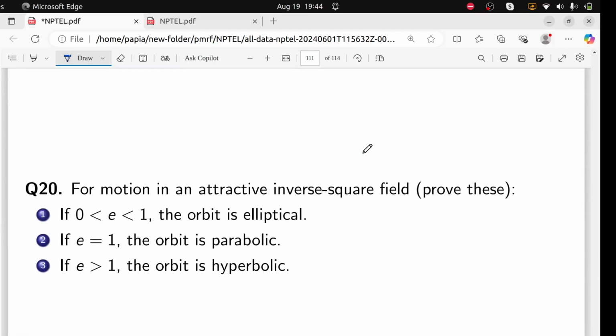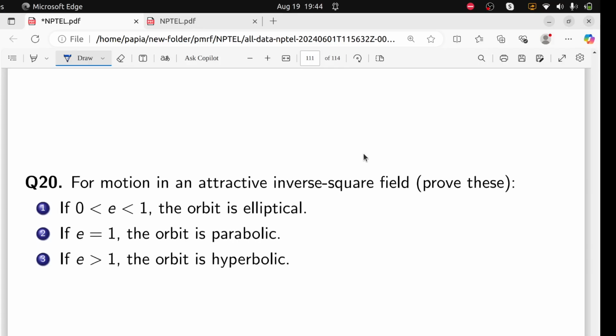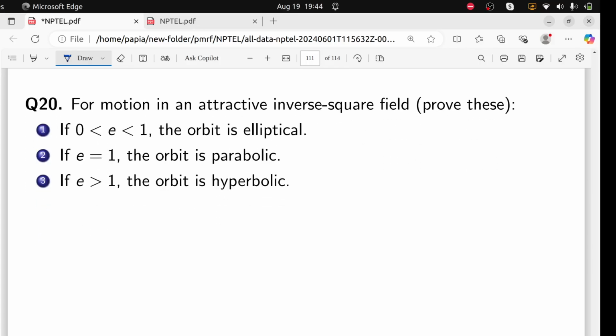Now the last question. For motion in an attractive inverse square field, if this one, the orbit is elliptical; if this one, the orbit is parabolic; if this one, the orbit is hyperbolic. So this is similar to whatever Sir was doing in his lectures. So what we will do here, we will simply take the expression and then we will calculate.